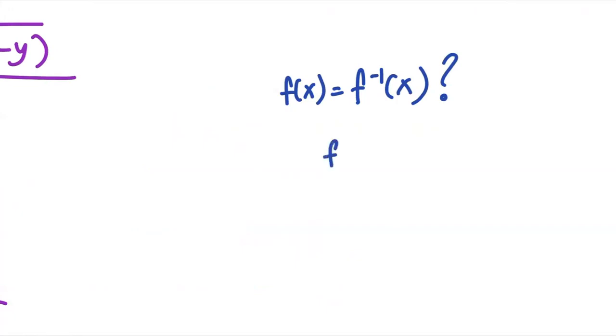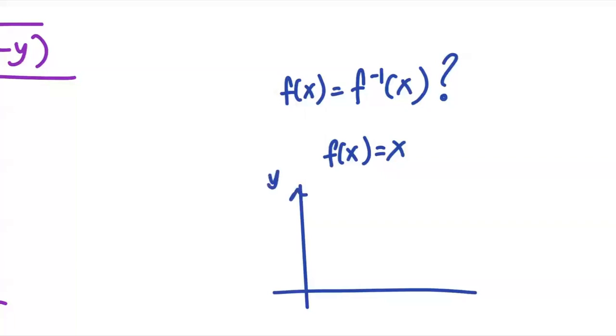Yes, very good. Just f of x equals to x. Can you understand why? Because if you plot the graph, no matter what your function looks like, it doesn't matter.